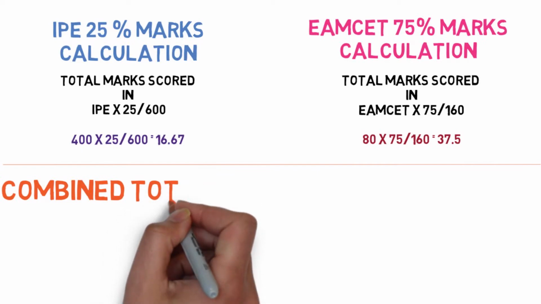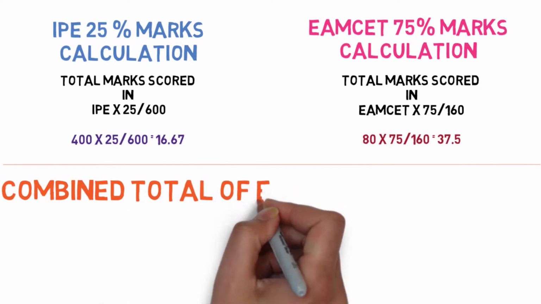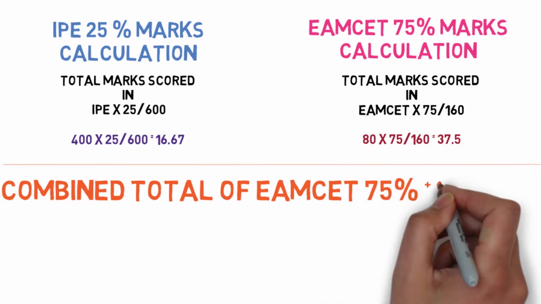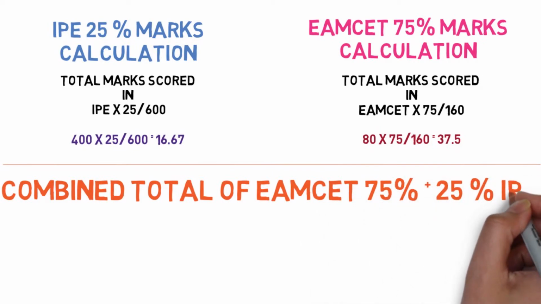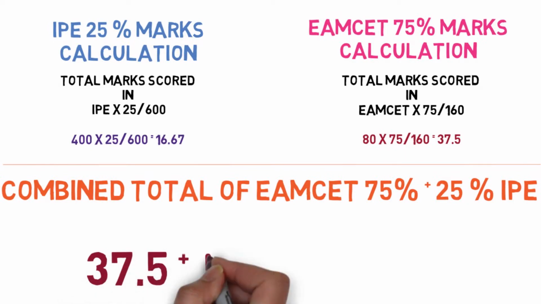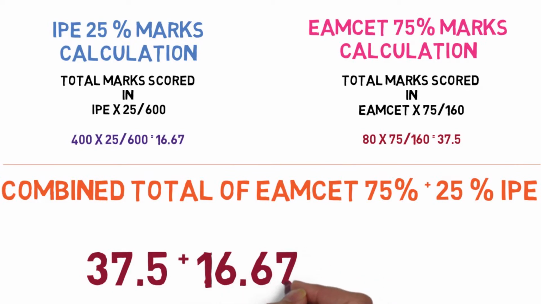Let us see how to calculate the combined total. Most of the students ask how to calculate the combined total. We know that the combined total will decide our rank. The rank is totally based on the combined total. How to calculate the combined total of an EAMCET? The 75% marks of an EAMCET are added to the 25% marks of an IPE.